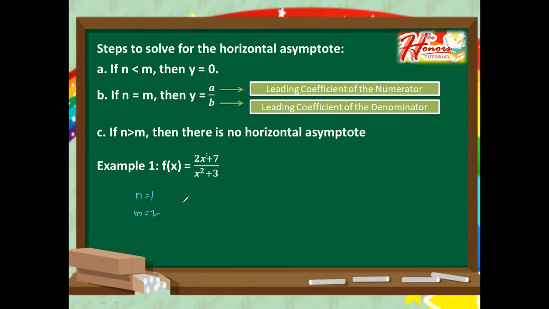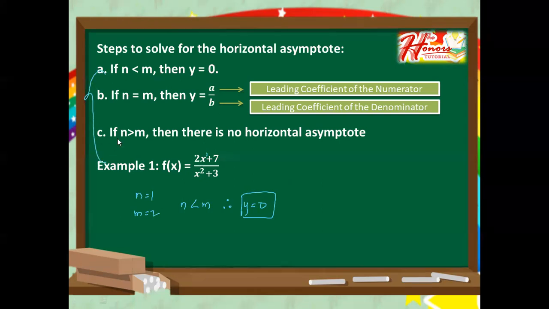We can say that n is less than m because n is 1, m is 2. So therefore, y is equal to 0. And this is our horizontal asymptote already. We just need to follow these steps.